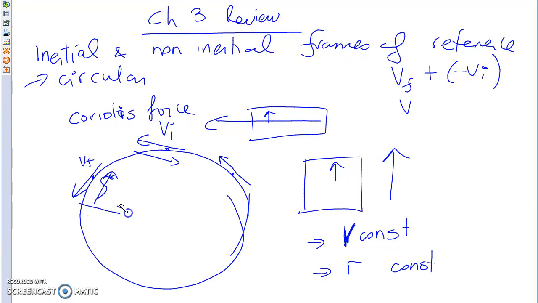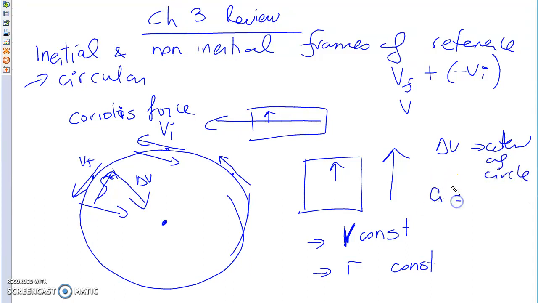If I add that in, my delta V vector would be going towards the center of the circle. Since delta V is going towards the center of the circle, that means acceleration is going towards the center of the circle. This is known as center seeking.